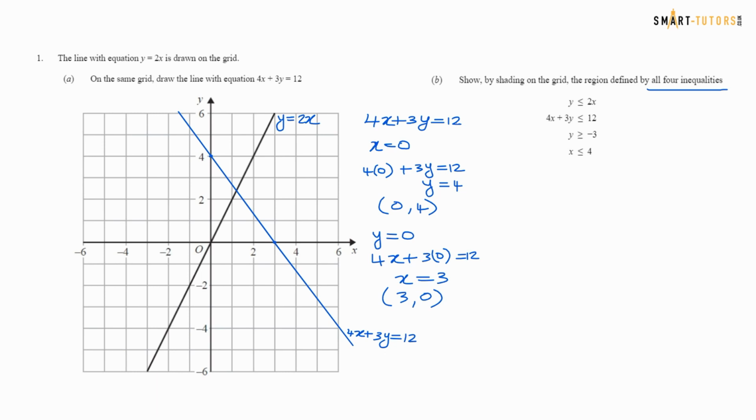Now the theory here: if y is less than or equal to 2x, y is towards the smaller side, meaning below the graph. So you need to go below the graph.